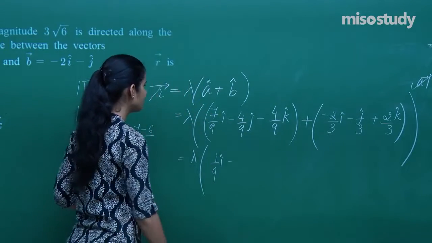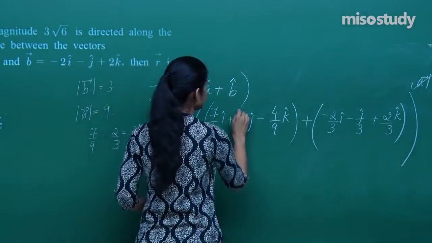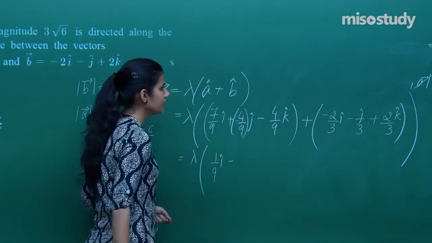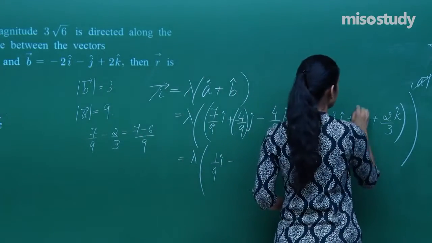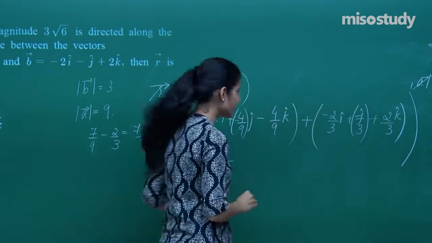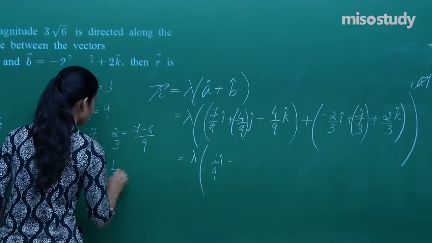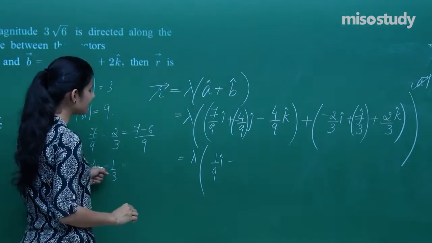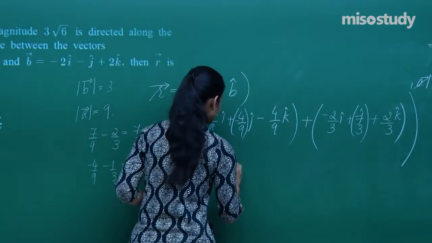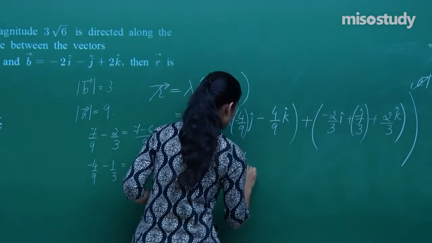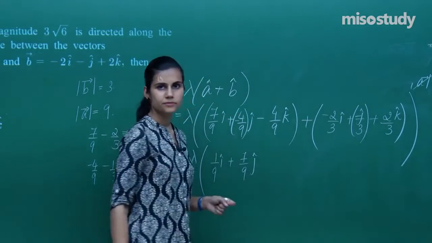Minus, then you have, or let me write it as plus minus 4 upon 9, and here it is plus minus 1 upon 3. So you have minus 4 upon 9 minus 1 upon 3, which is minus 4 minus 3, minus 7 upon 9. So you get minus 7 upon 9 j cap.